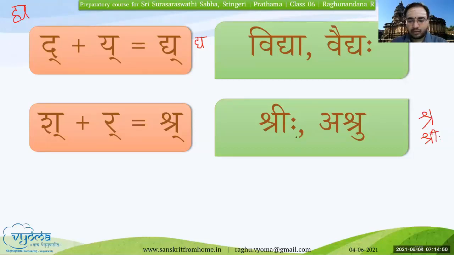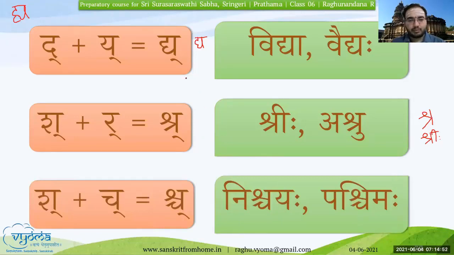So we'll see the last one next. Can you read this? Sh, cha, shcha, nishchayaha, pashchimaha. Very good. Nishchayaha and pashchimaha. I wouldn't say it's a very special or separate symbol, because it is a combination of both of these. Shakara is written on top, similar to how we have written for shrihi and chakara.